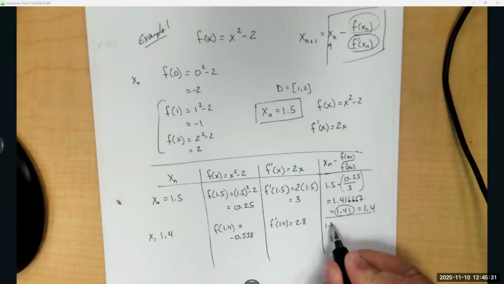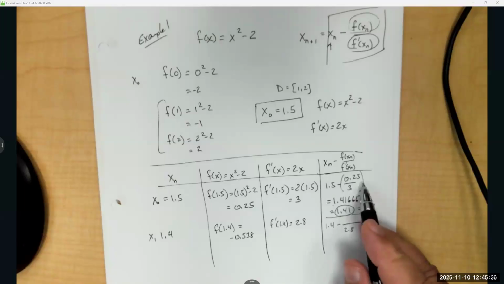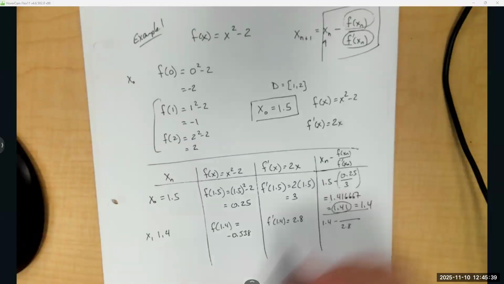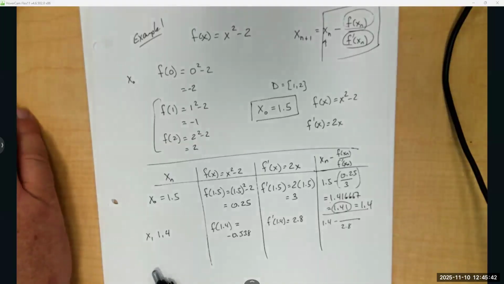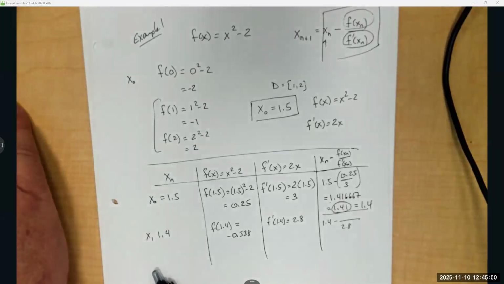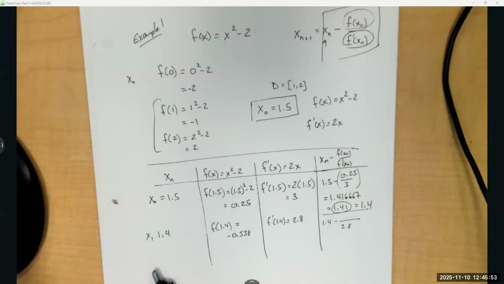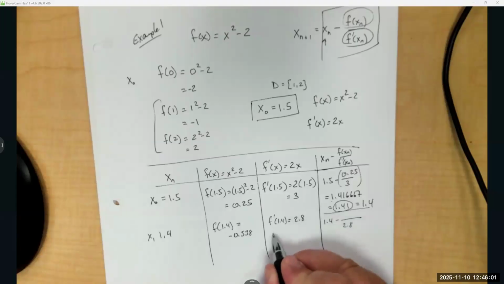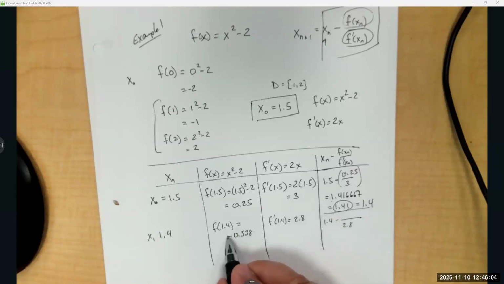So this one is 1.4 minus the function x squared, so 1.4 squared minus 2.